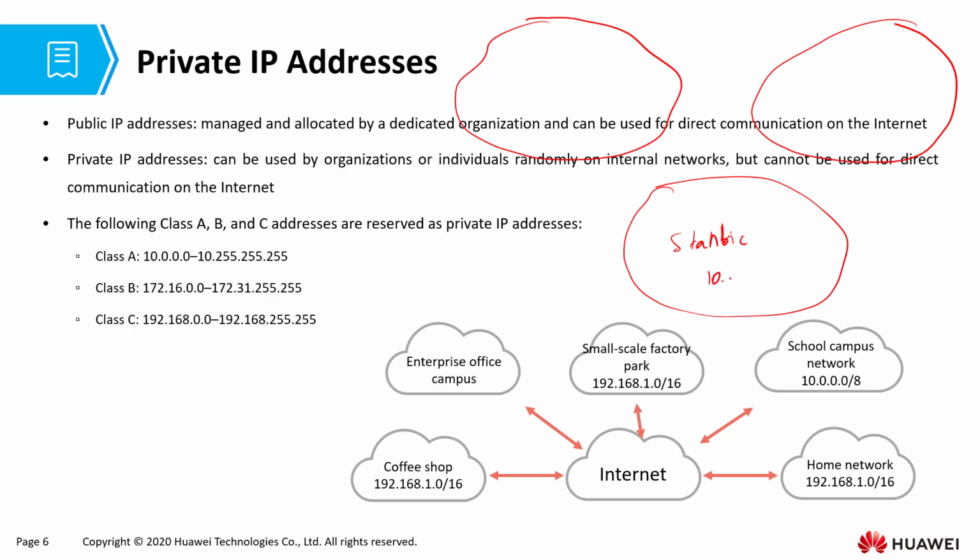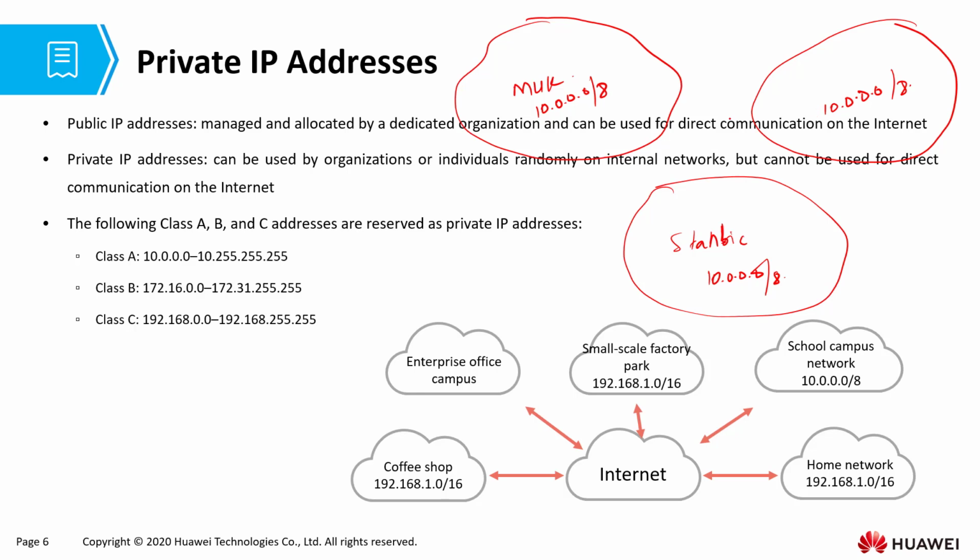Let us say 10.0.0.0/8. Makerere University will have the same IP addresses, 10.0.0.0/8, and another enterprise will have the same addresses, 10.0.0.0/8. These are private addresses.